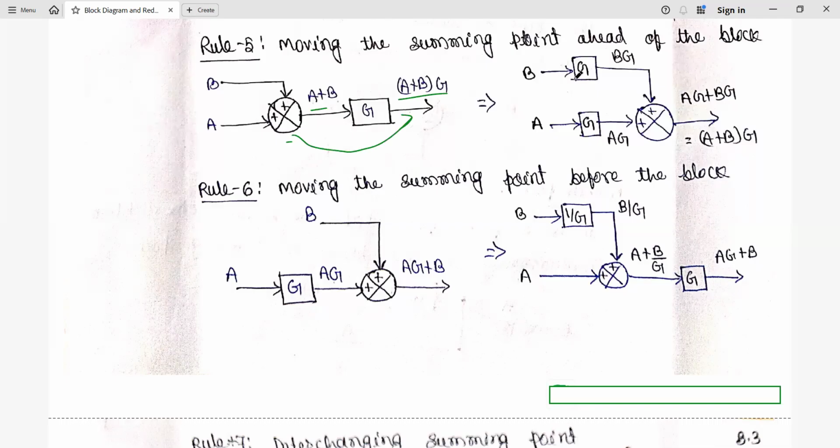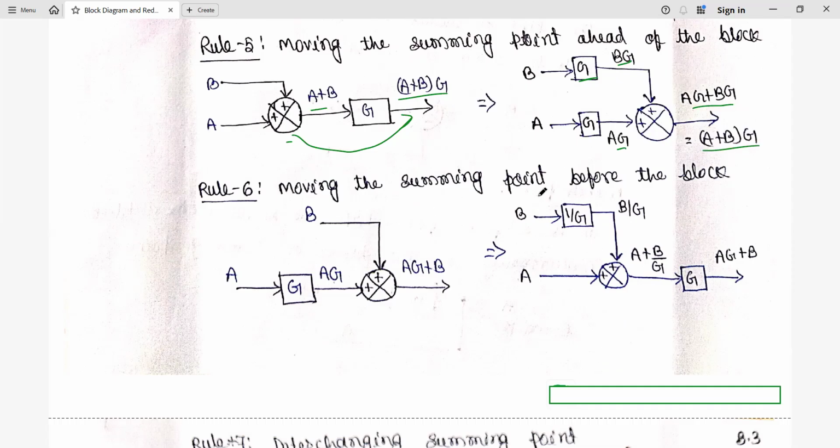So what happened on the path of both inputs is that the same transfer function is added to both inputs, or whatever paths were there at the summing point. So finally we have BG, and AG is given to the summing point, so we have AG plus BG. Output remains the same.